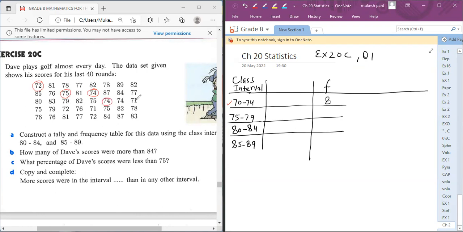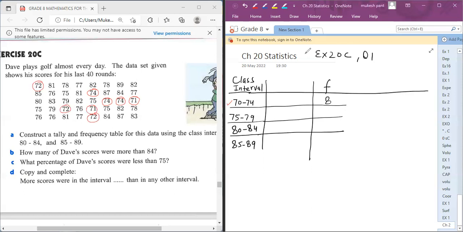Only 70 to 74 for the first class interval. Sorry, by mistake, 75 is not included. Then 71, 72, 72, and 72 on the bottom. So 1, 2, 3, 4, 5, 6, 7, 8. This is 8.